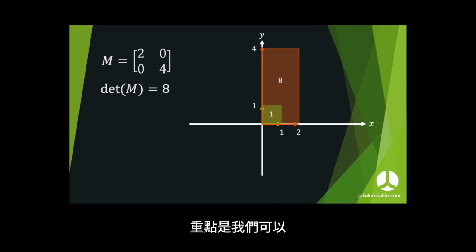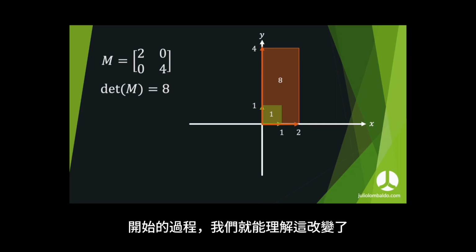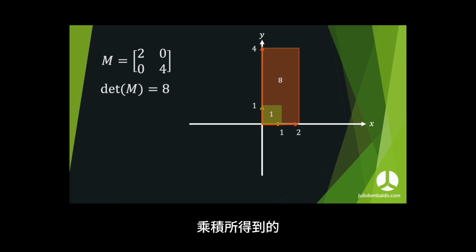The thing is that we can change the matrix, and we can apply the process to the square whose area is 1, and we can understand that this changes the area, because it changes the vectors that result from the product between the matrix and the first vectors.